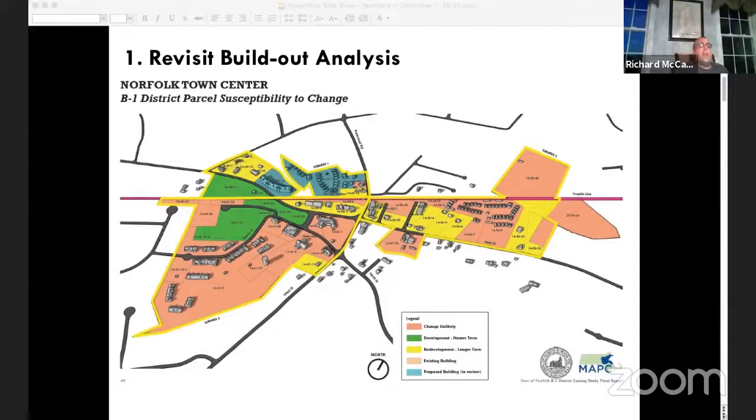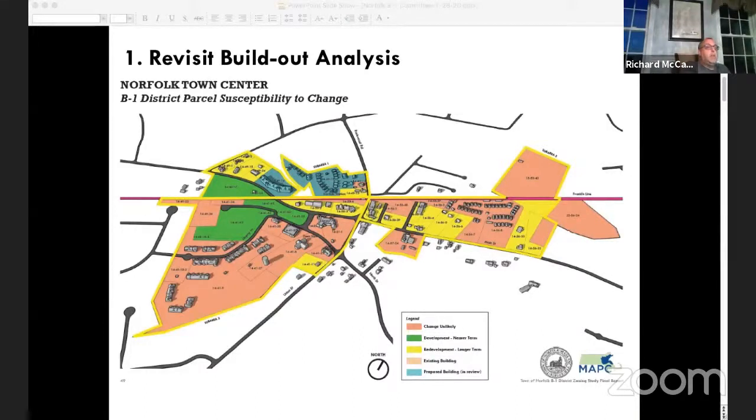So that's definitely a possibility. The stream essentially bisects a portion of the property and goes through a culvert. But yeah, there are potential options for that property.